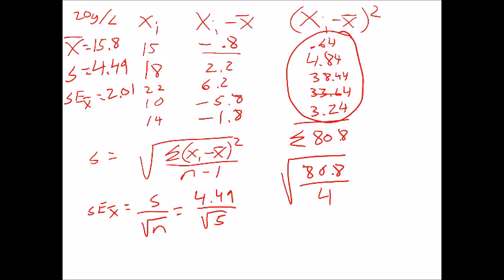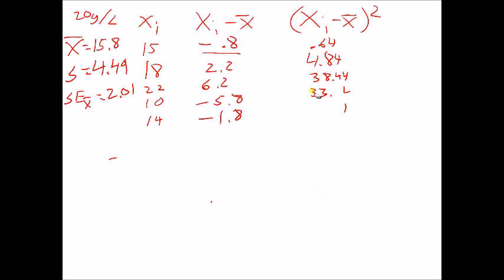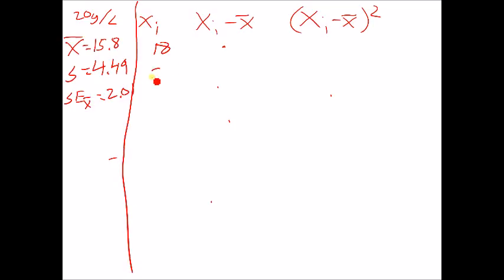All right, so now we're going to complete the same calculations for the 40 gram per liter sample. So for that group, our individual data points are 18, 24, 26, 22, and 16.